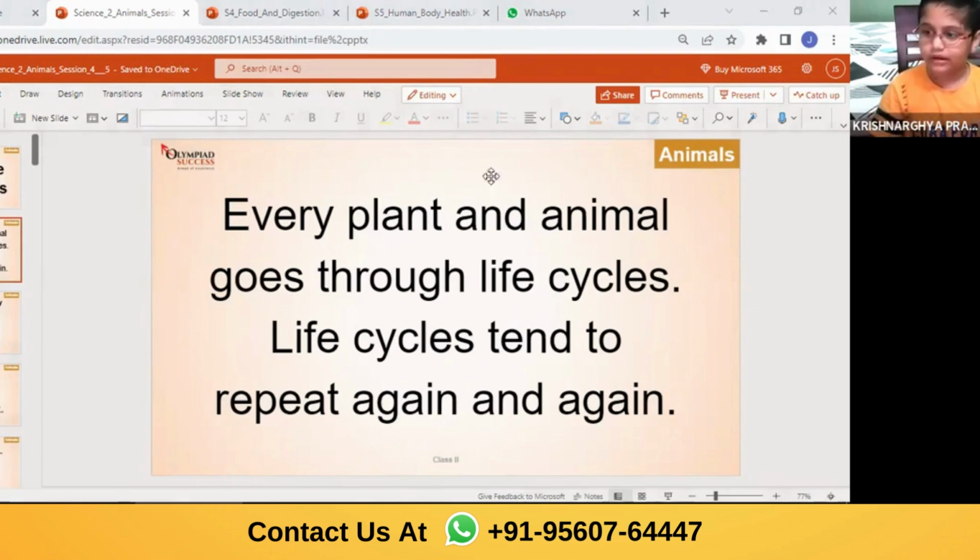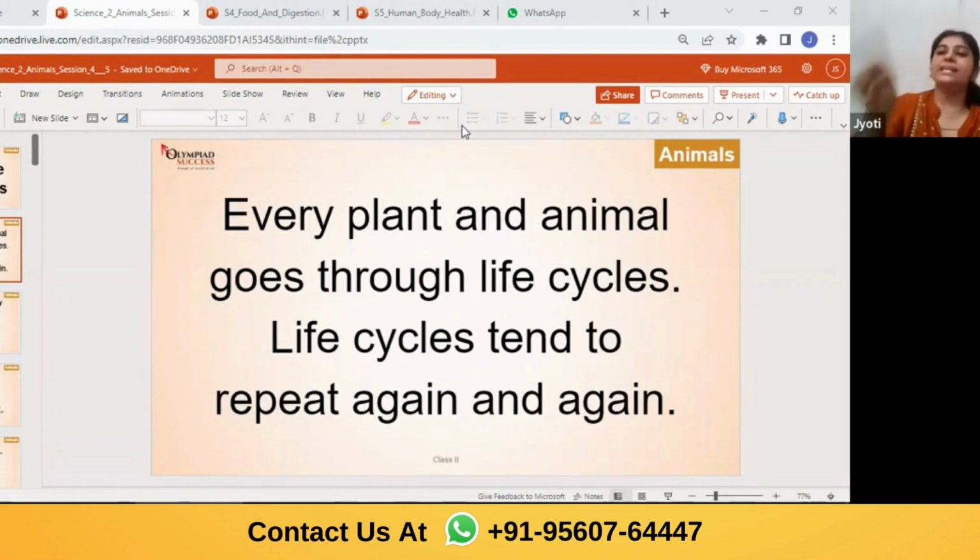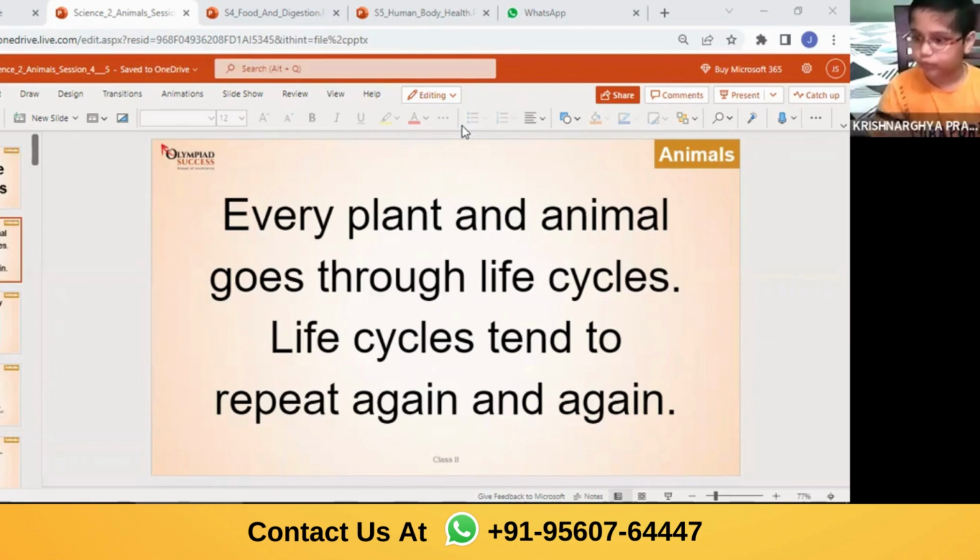Just like the wheel, the life cycle means the life of any organism or species that will grow, that will repeat like a cycle. Yes, like a wheel. Exactly. Like a cycle tire.